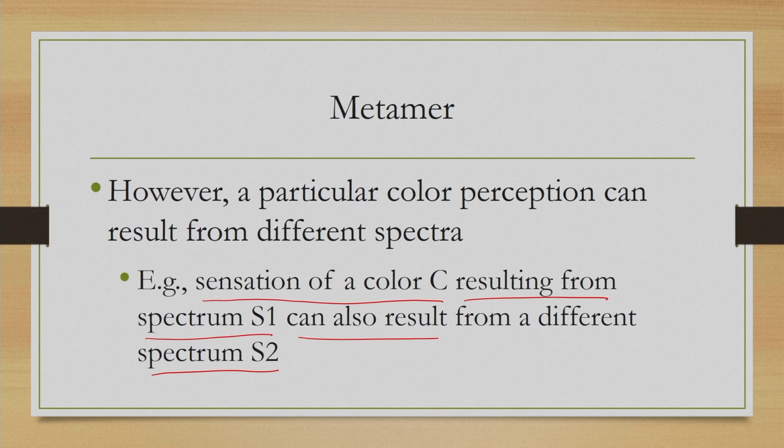It has one spectrum which excites the three cone types in a particular way and gives us a sensation of color C. That does not mean that that is the only spectrum that can give us this particular sensation. There can be another spectrum which can excite the three cone types in a different way, but at the end can give us the same color perception. So, there are multiple ways to generate color perception. It is not a unique way, and this is a very important knowledge we exploit in computer graphics.